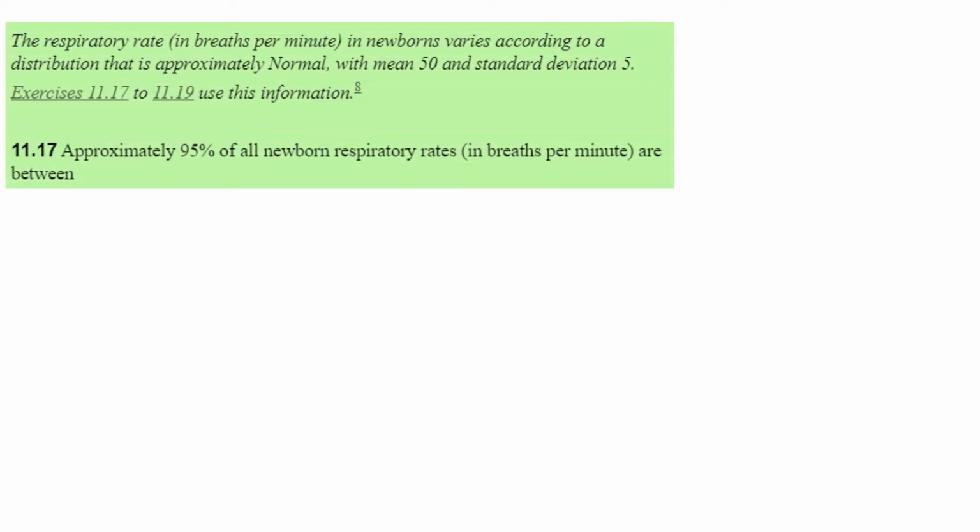Using the 68, 95, 99.7 rule, let us try some problems here. The respiratory rate in newborns varies approximately normal with mean 50 and standard deviation 5. So X represents the respiratory rate, which is normal with mean 50 and standard deviation 5.